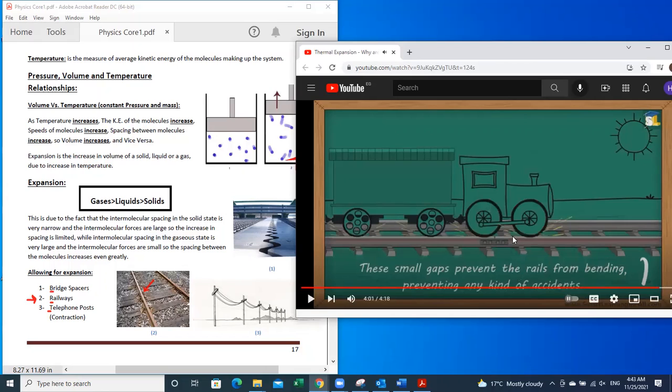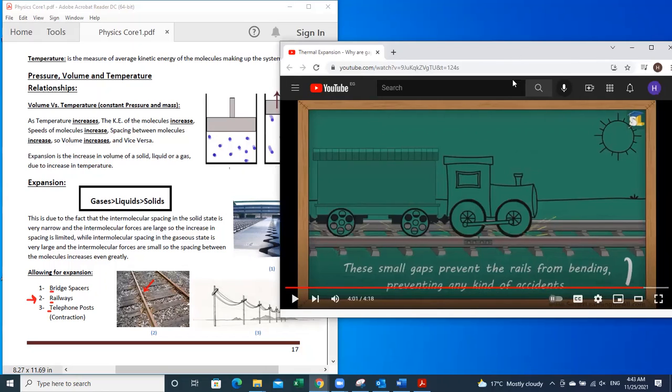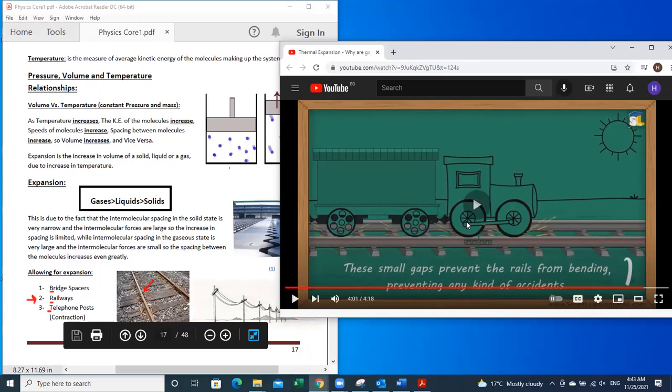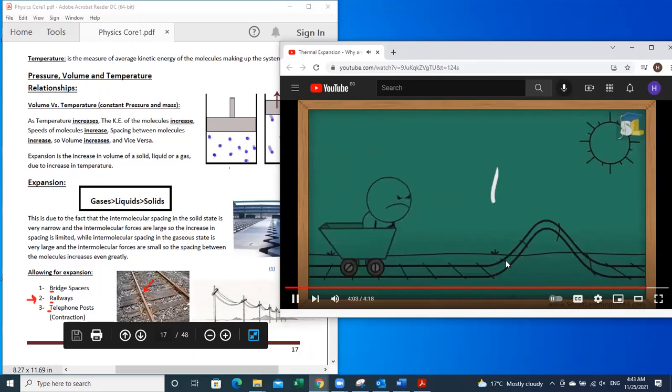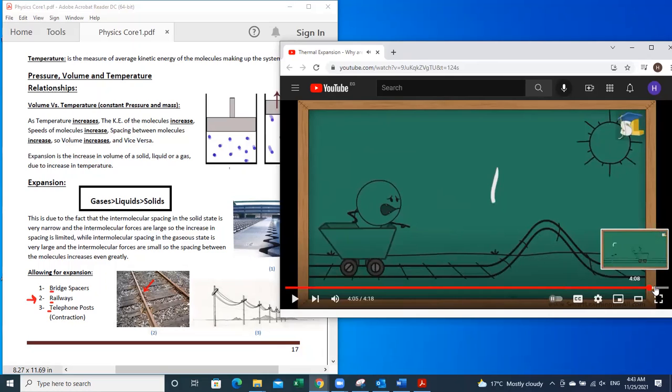The idea here is that you should keep a small distance for the expansion to occur. That's what's happening in the railway, so that it will not bend like this next time.